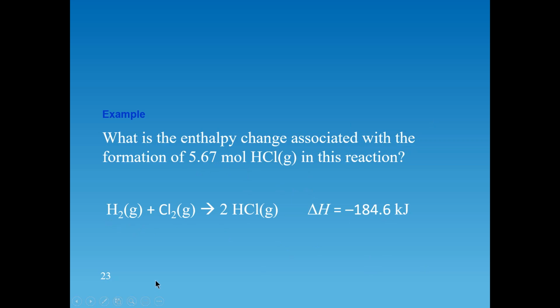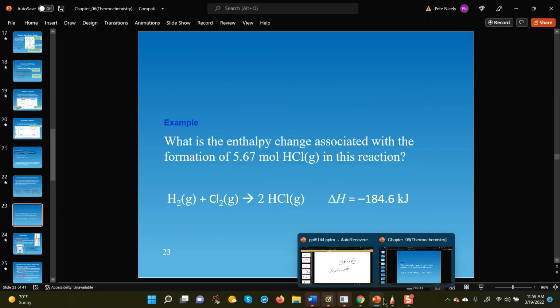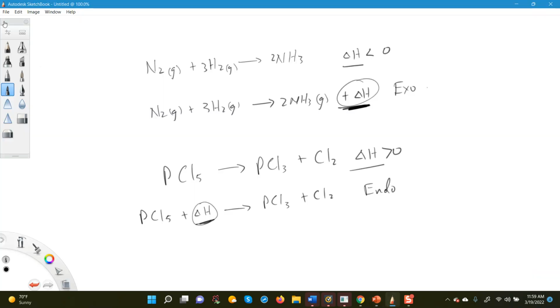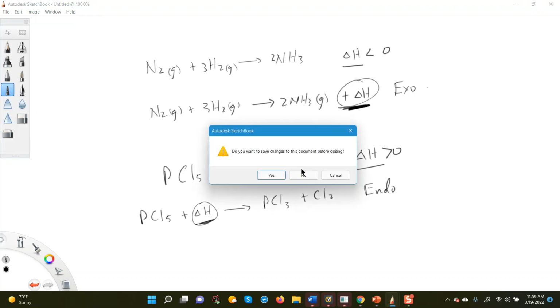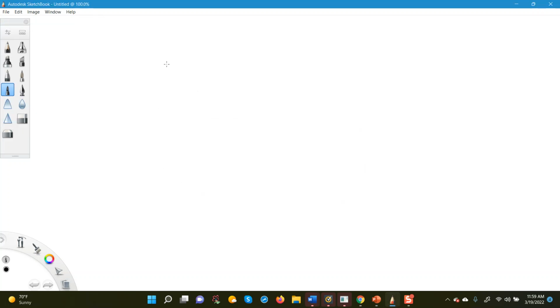So what I'm going to do again is go back to my writing pad here. Okay, so the equation given is H2 gas plus Cl2 gas to give 2HCl gas, and delta H, according to the question, is equal to minus 184.6 kilojoules.